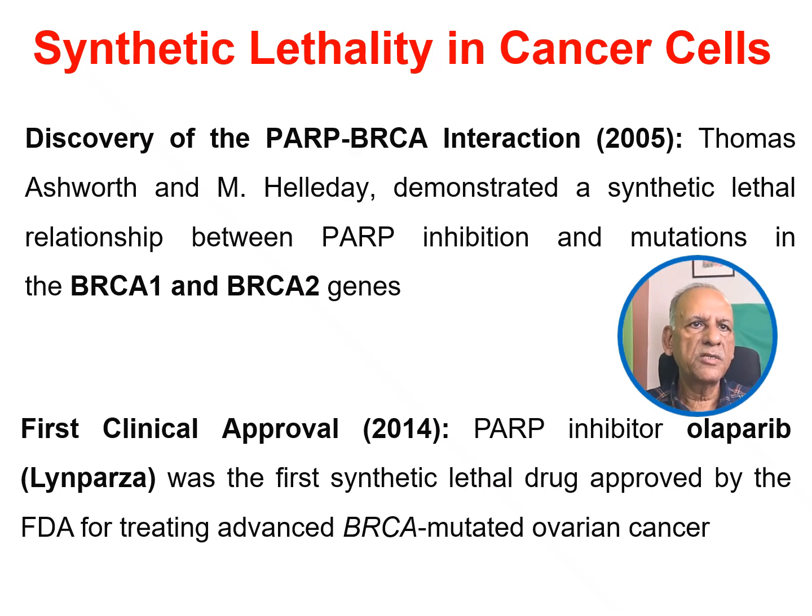Thomas Ashworth and Halday demonstrated a synthetic lethal relationship between these two genes. You can inhibit PARP, because cancer cells, as you know, are often mutated, especially the breast cancer cells and the ovarian cancer cells, in BRCA1 or BRCA2 genes.